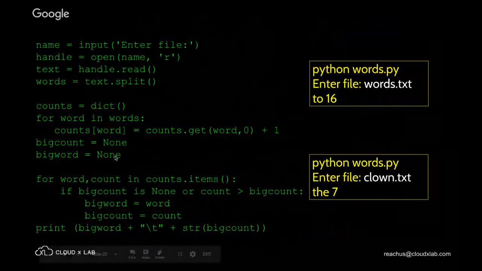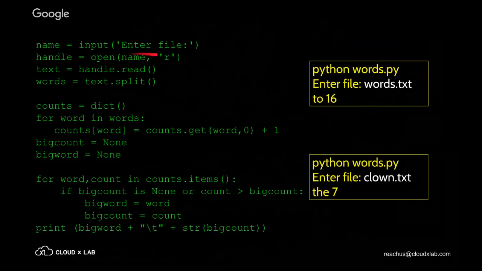Before you move ahead, just get used to it. Here we are reading the name, opening the file, reading the text. This is the name of the file that we read. Then we read the text, we split the text into words, and then we create a dictionary and so on.